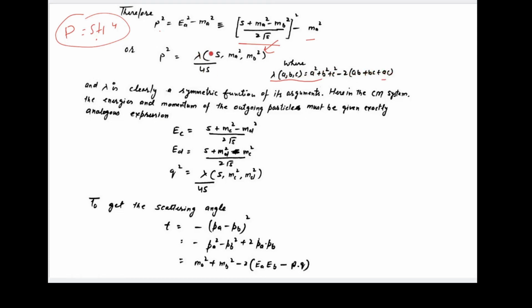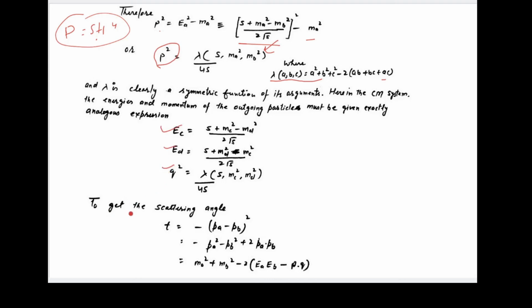So lambda also depends on S and the rest masses of the particles. From these equations we have written momentum in terms of S and rest mass. Similarly we can find EC, ED and Q.